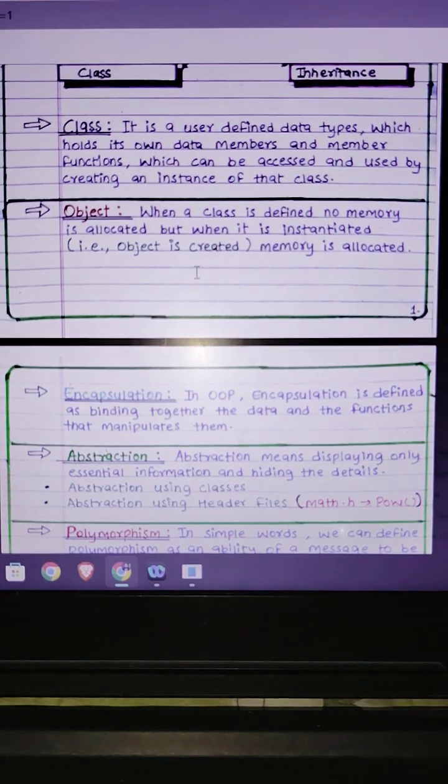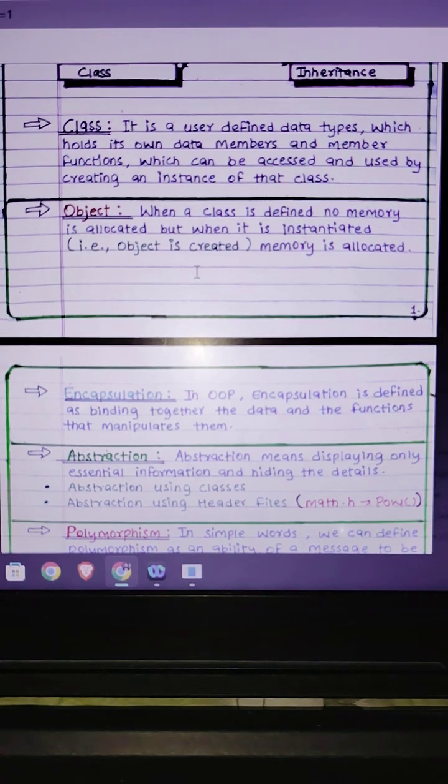Let us assume that a class is a car. Car is a class, and the objects are car model and car brand name. These are examples of objects.